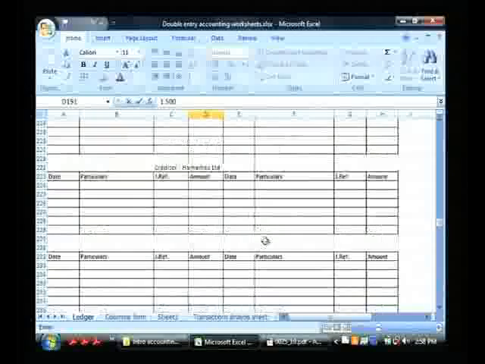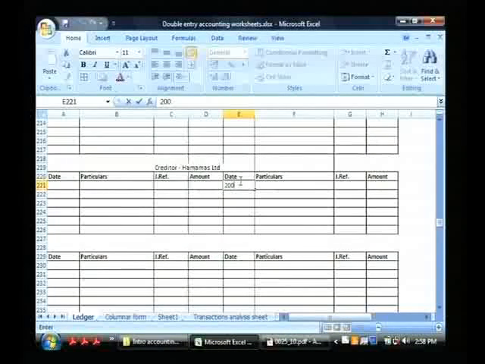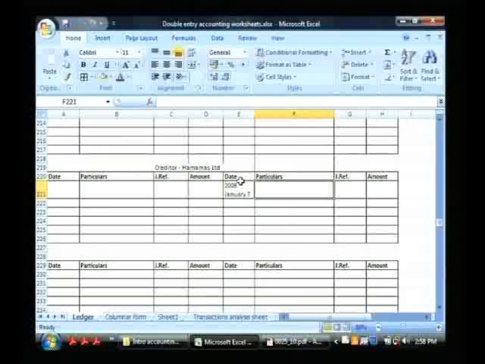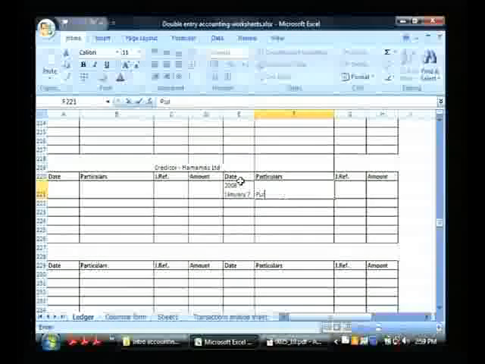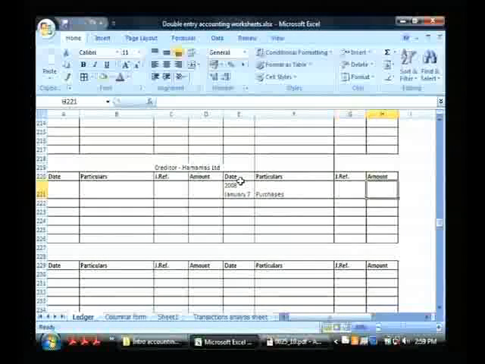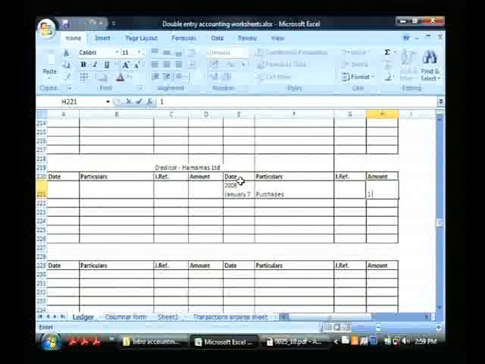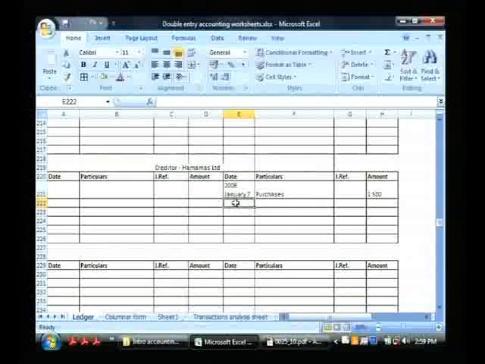Hamamas Limited credit, 2008, January 7th, purchases 1,500. That is on 7th.